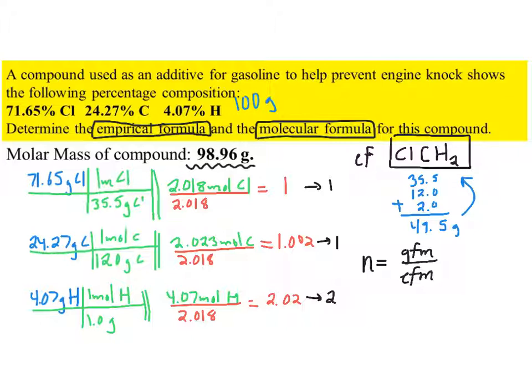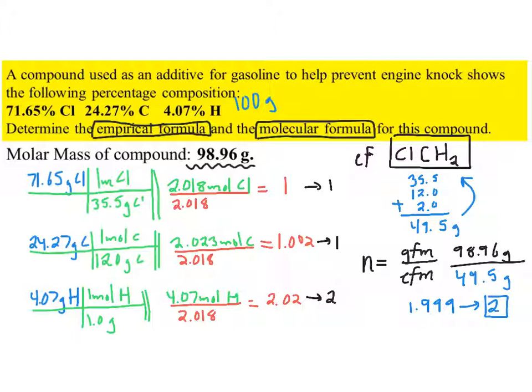So I'm going to take the GFM, which was given in the problem, 98.96 grams, and I'm going to divide that by the EFM, which I just found, 49.5 grams. And the answer I get there is 1.999. So I round this up to the nearest whole number because that's what I'm going to be scaling up my compounds by.